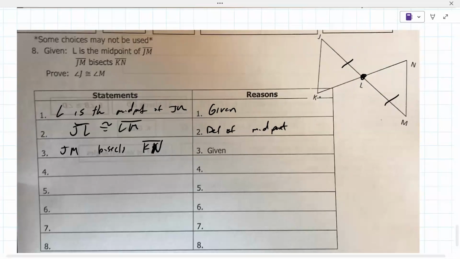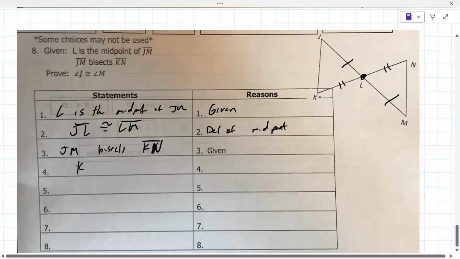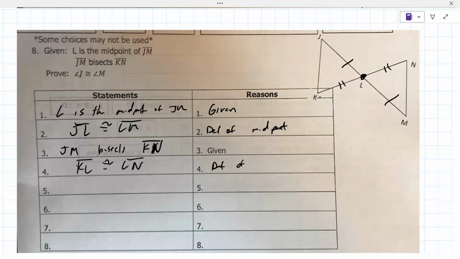What do you know about the pieces again? The segments. They're congruent, yeah. So KL is congruent to LN. And that's the definition of a segment bisector.